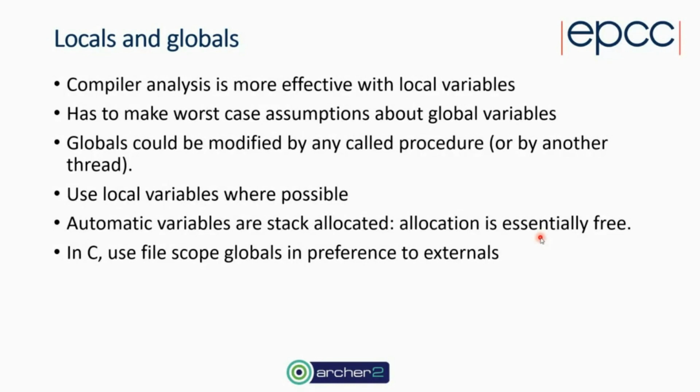One of the things that makes it hard for a compiler to optimize your code is the scope of variables. Local variables, defined close to the scope of their use, make it much easier for the compiler to reason about whether it can make changes to that variable and to instruction ordering.